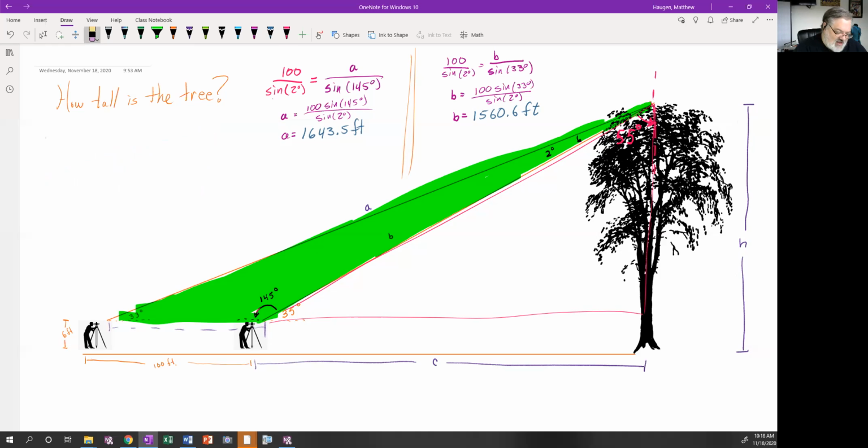Just to continue with the A that we started with. Can we use A to find this nice height? Do we need law of sines or law of cosines?